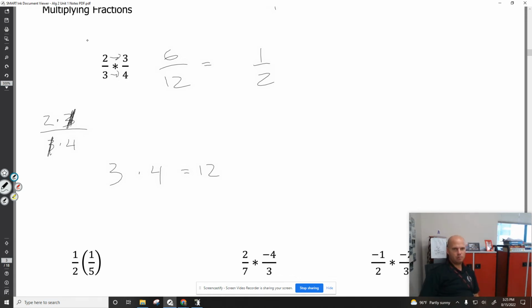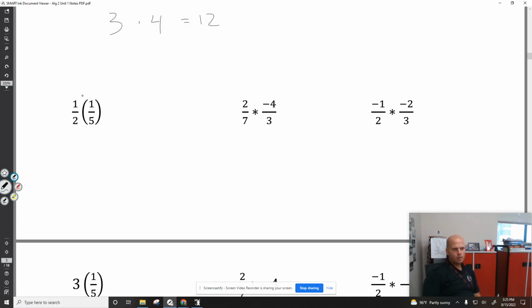But you could see, boom, 2 fourths, divide by 2. I don't know if I like that, especially at this level. So we keep it simple. Let's just multiply across and then simplify by the biggest number we can divide. So 1/2 of 1/5, 1/10. Split the fifths in half, you get a 10th.